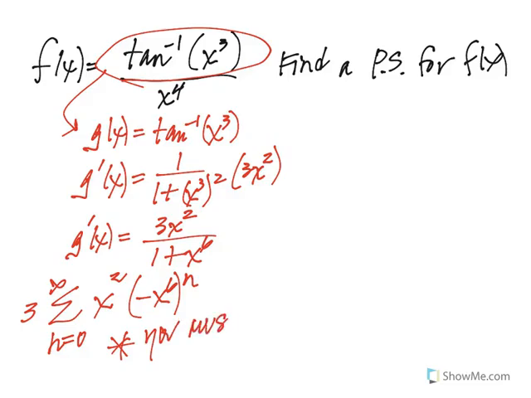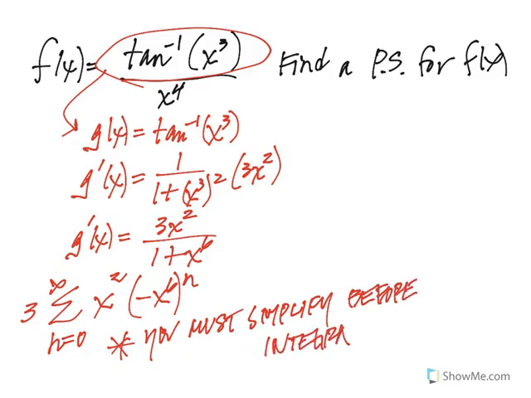You must simplify that power series before integrating. Let me say this again. You must simplify before integrating. So don't integrate it in this form right there. You must simplify it first.